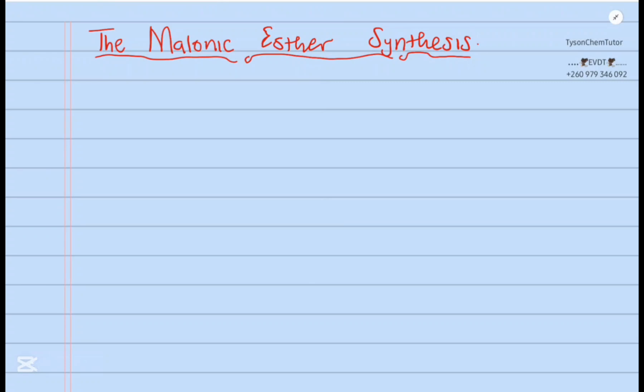So it's one of the processes where you can synthesize a carboxylic acid. The final product that we expect at the end of this process is the substituted carboxylic acid.